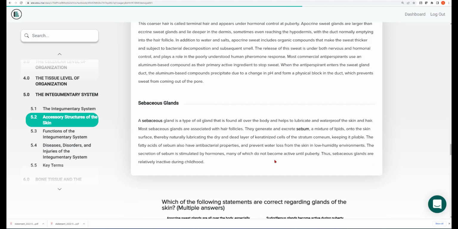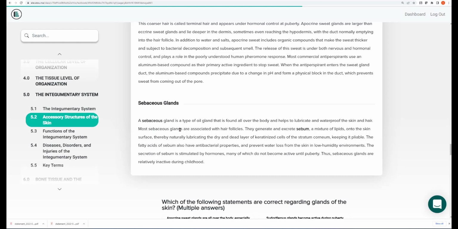Then the third type of sweat gland are sebaceous glands. These are glands that are producing an oily-like substance. They're found all over the body. That oily substance is released. It does help lubricate and waterproof the skin and the hair.